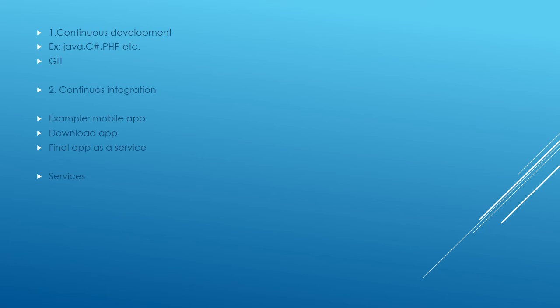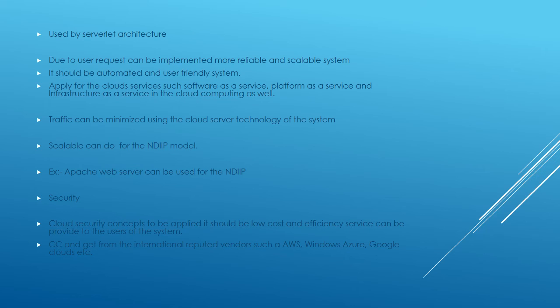We can develop that development part using Java, C Sharp, PHP, Git, etc. But continuous integrations can using an example mobile app can otherwise download app. User can download app and finally app as a service, and this is next thing is a service, and then used by several servlet architecture.